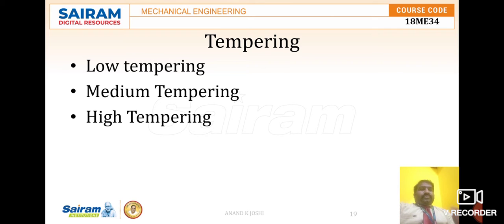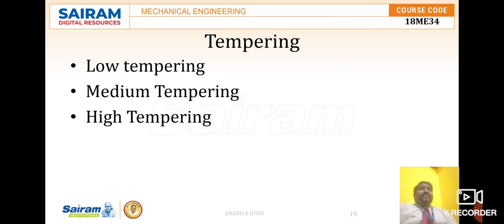Initially, tempering is done immediately after the quench hardening, when the steel cools to around 40 to 50 degrees centigrade. The process involves reheating the hardened steel to a tempering temperature below the lower critical temperature, followed by slow cooling in still air.